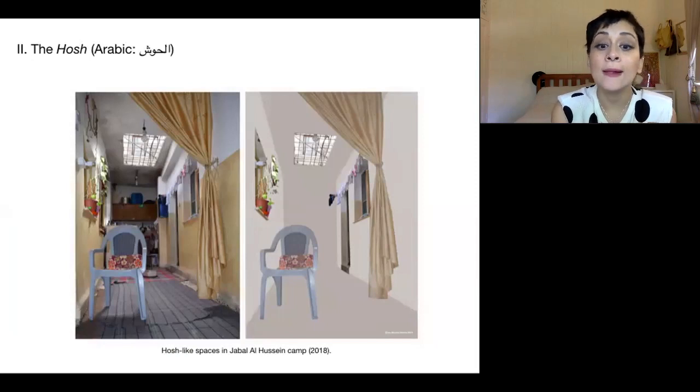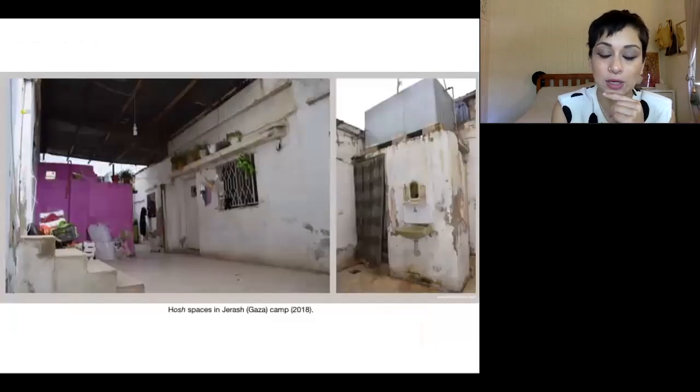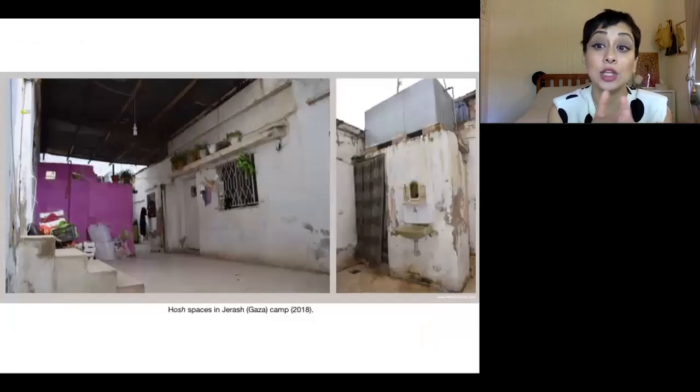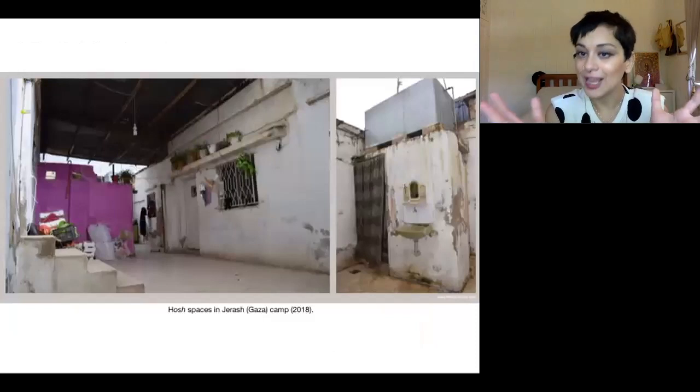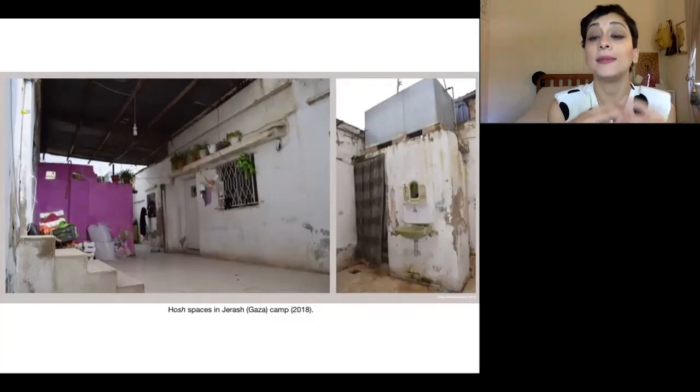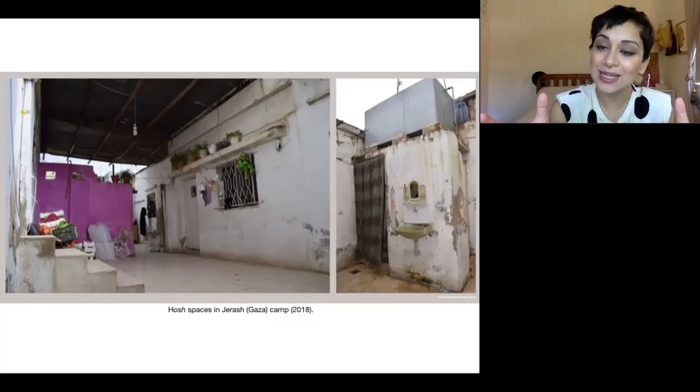Refugees make sure to create a semi-public space or a courtyard in the middle of the house to organize the different functions around it, just like traditional Middle Eastern architecture. You'd see it more clearly in the newer camps because it's still bigger. The family didn't grow in numbers, so it's not as dense.